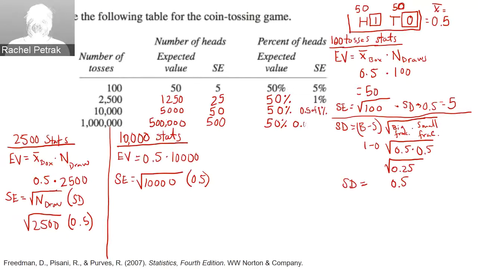It's easiest to think about it as 0.05 of still 1%. So it's an extremely small proportion of 1%. Does that make sense? How we can see that as the number of heads increases, the raw size of the standard error increases, but the standard error as a percentage of heads decreases.